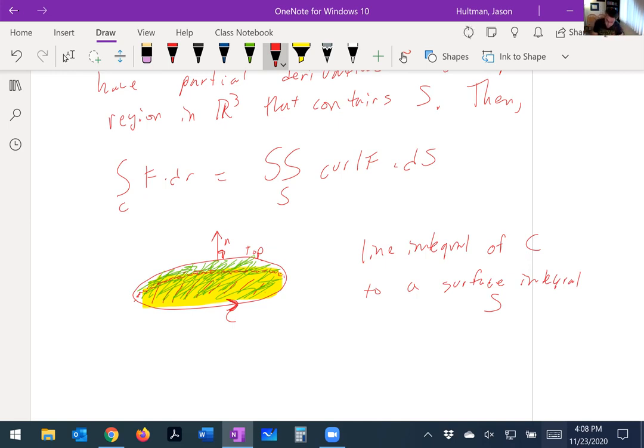So we're looking at the surface S, and this curve C is the boundary for my surface S. We can go from a line integral of C to a surface integral of S, and vice versa. We can go back and forth between line integrals and surface integrals now.